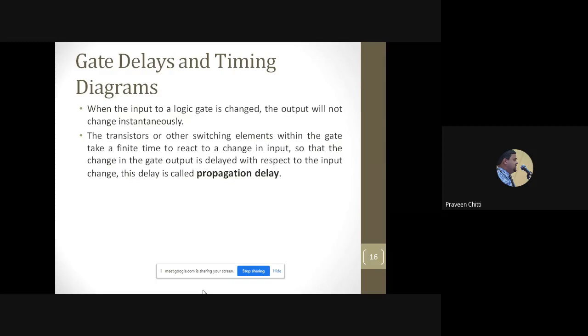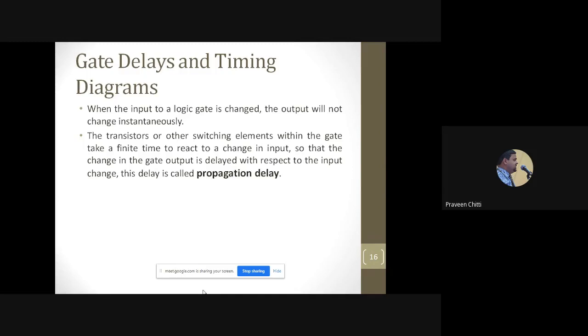Yes, anybody else can define what is propagation delay? Yes, time taken by signal to reach its destination.